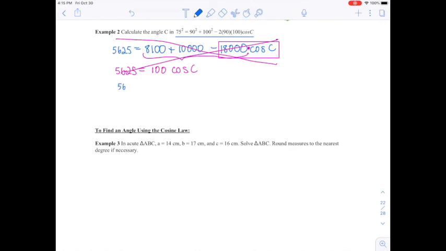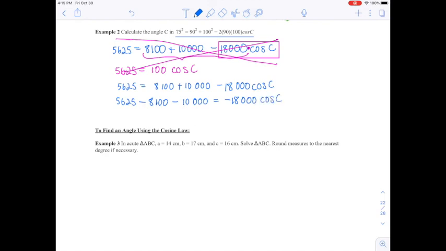Okay, so we've got 5625 equals 8100 plus 10,000 minus 18,000 cos C. What we're going to do is bring the 8100 and 10,000 to the other side. And even though it looks weird, we've got 18,000 cos C on this side.